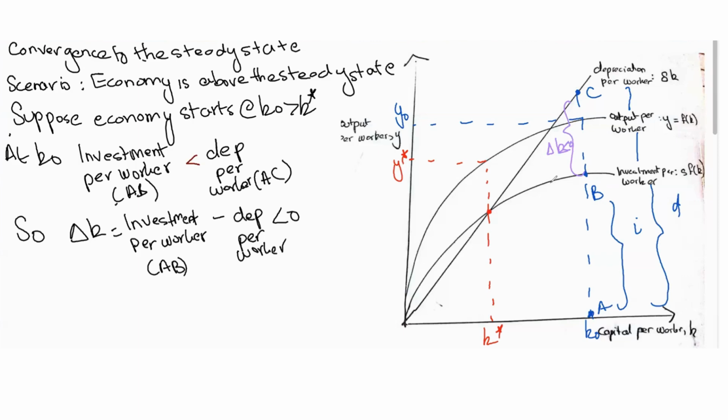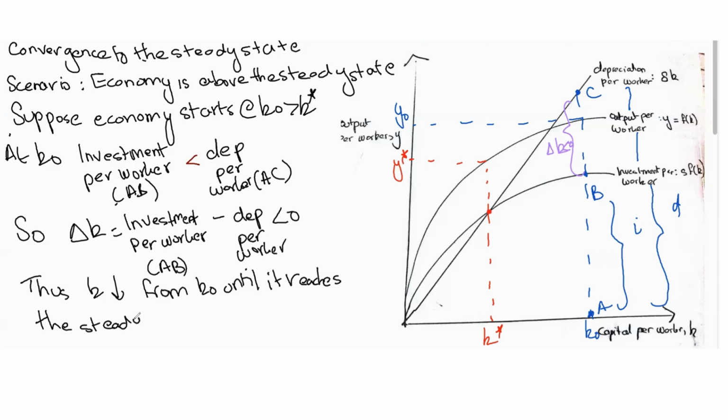Since delta k is less than 0, this means that k is going to fall. Capital k decreases from k naught until it reaches the steady state k star, where investment per worker is equal to depreciation per worker.